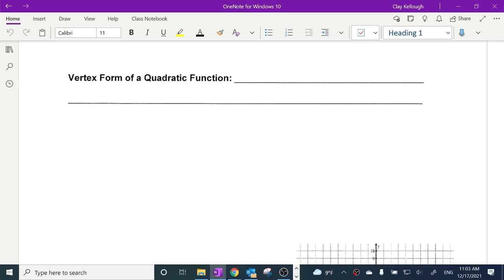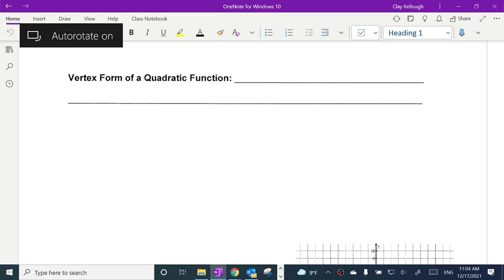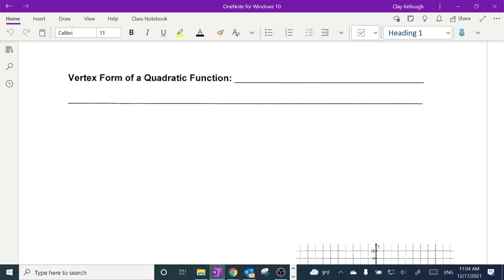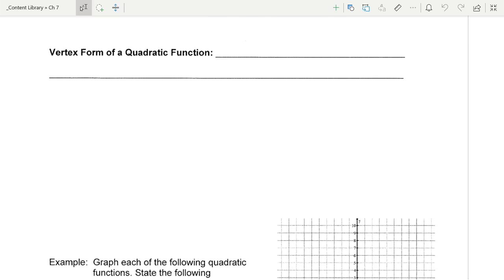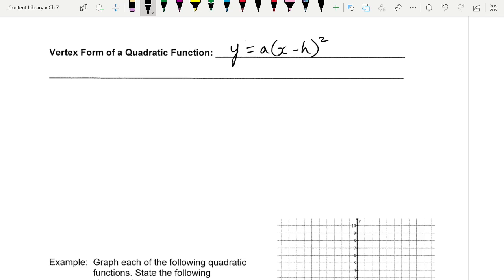So in the 3 lessons we've done up to 7.4, we have now covered 3 different forms of a quadratic equation. We already have this in our notes somewhere else, so we'll just do this one really quickly. The vertex form of an equation is, of course, this guy, where you look at the equation and you can see right away what the vertex is, because there's this perfect square.